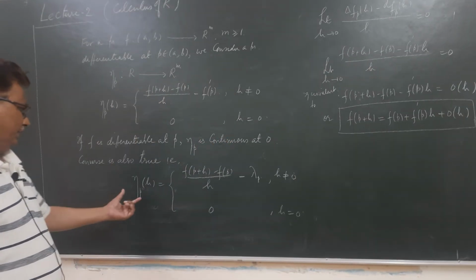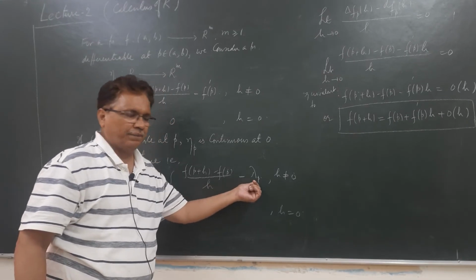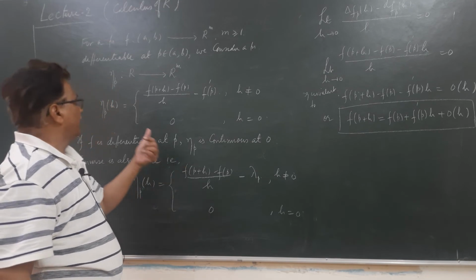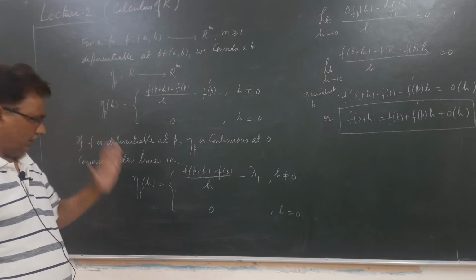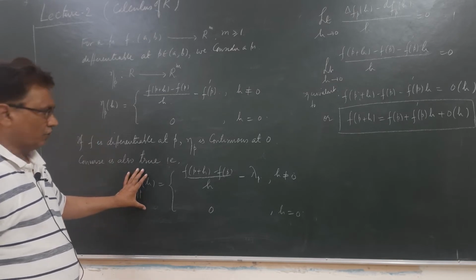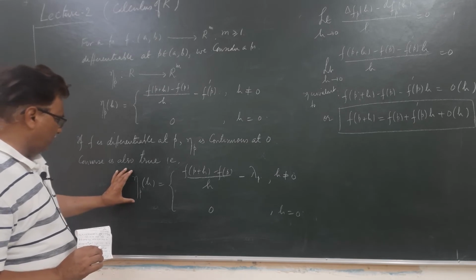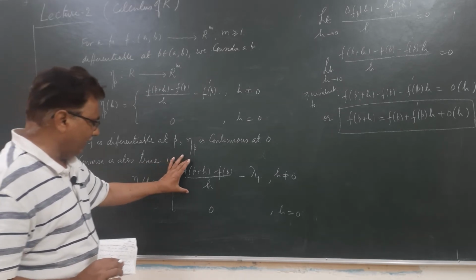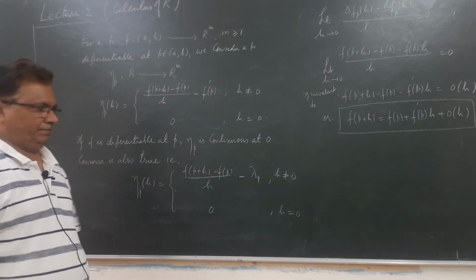If there exists a vector lambda p such that eta p is defined like this and is continuous at the point 0, then f is differentiable at p.